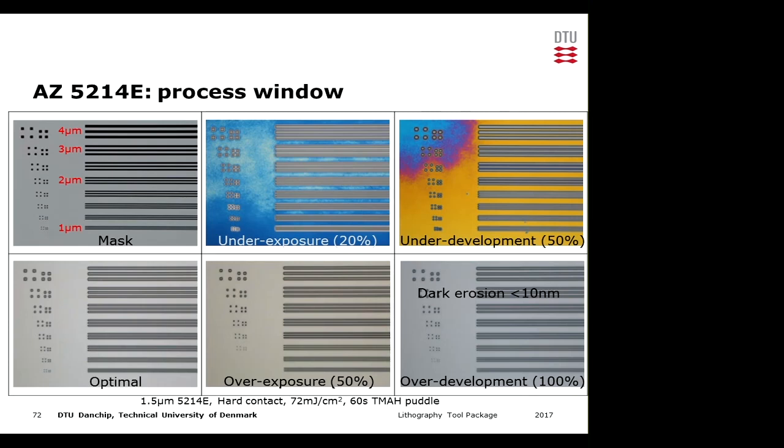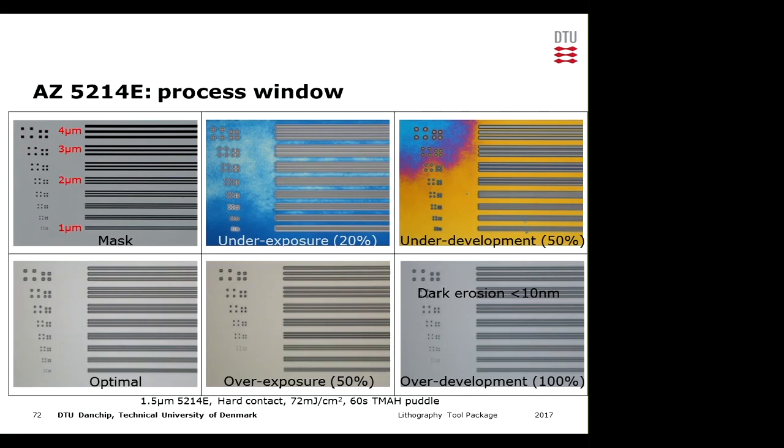But in this case, the dark erosion was actually smaller than what I could register with the method that I used for measuring the thickness. So in this case, below 10 nanometers in a 1.5 micron film. So very little dark erosion.